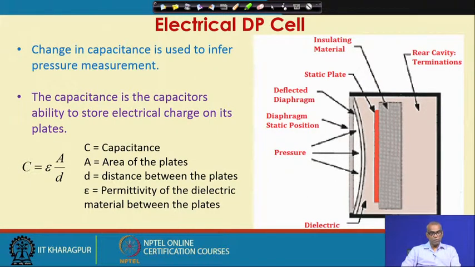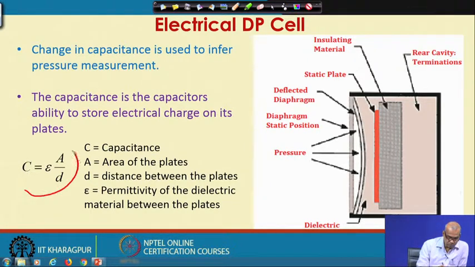You know that capacitance is the capacitor's ability to store electrical charge on its plates, and we are now familiar with this equation, which says the capacitance is directly proportional to the area of the plates, it is directly proportional to the distance or gap between the plates, and the proportionality constant is the permittivity of the dielectric material that exists between the two plates.